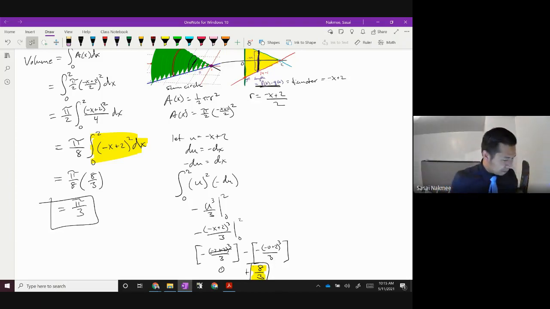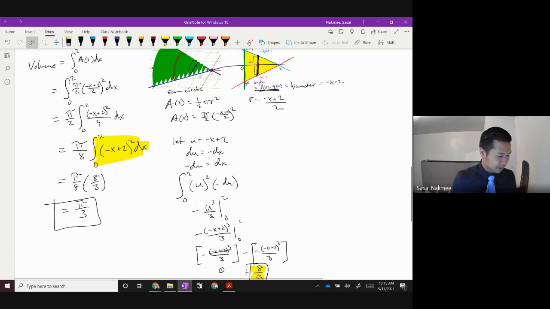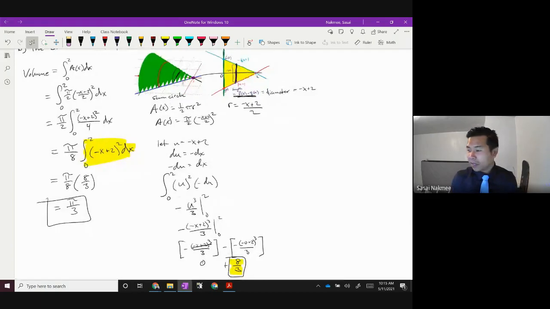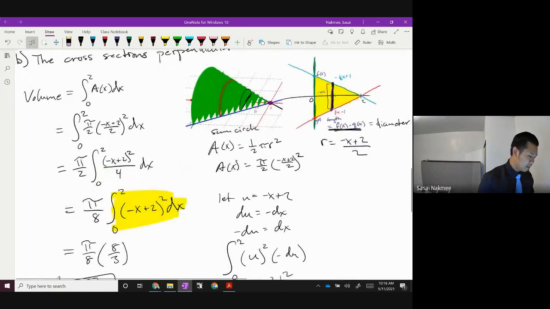Are you guys able to copy that down? I'll zoom out a little bit more so you guys can copy that all down. Go on to the next problem. Hopefully you guys are able to copy that down. Let's go on to the next one.